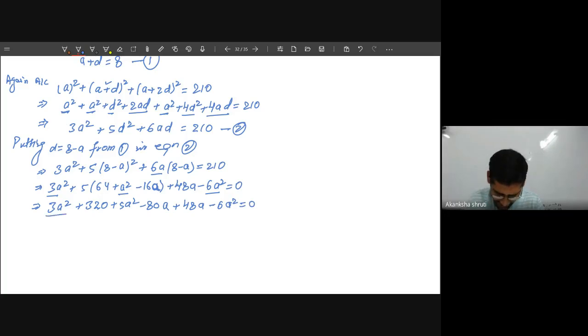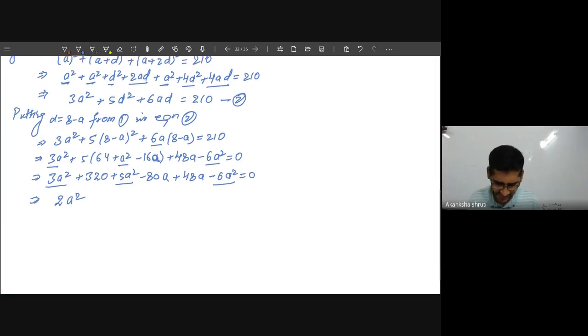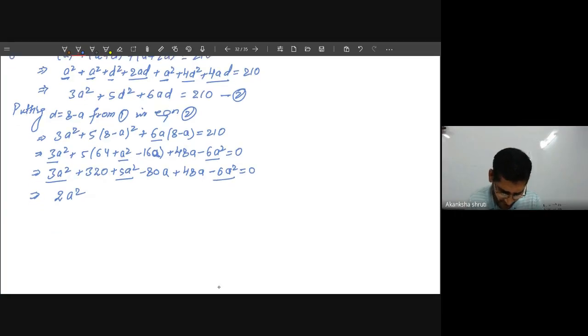Now observe, what are the like terms? 3a square, 5a square, minus 6a square. So adding this, 3 plus 5 is 8, minus 6 is 2. So it is 2a square. Students, next let us go for the a term only.